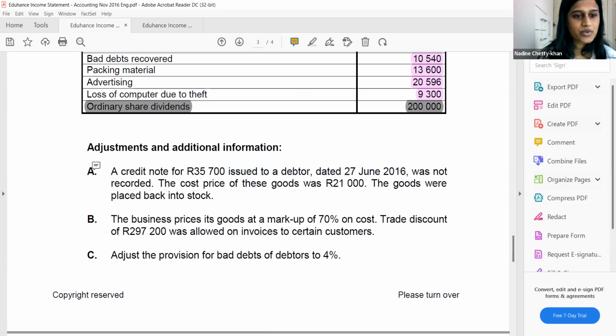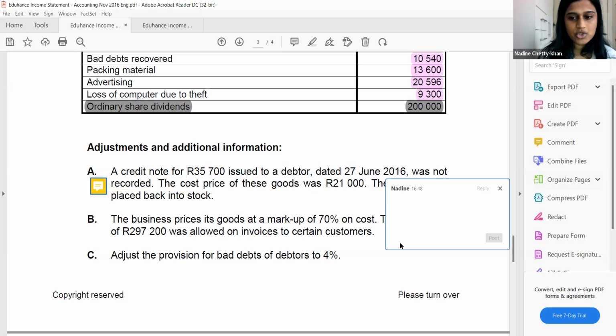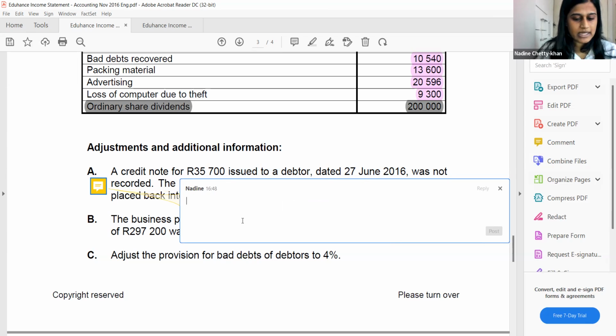It's a very easy way to think about how to do the adjustment in the income statement. When you originally made the sale, you would have debited debtors control and credited sales.